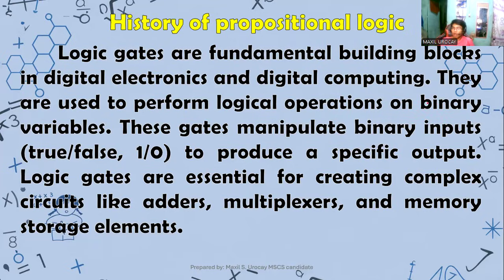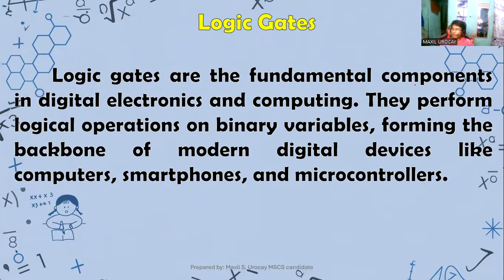We will work on that in the midterm. Logic gates perform logical operations on binary variables, forming the backbone of modern digital devices like computers, smartphones, and microcontrollers. We learn this in order to really understand how the flow of the logic works.